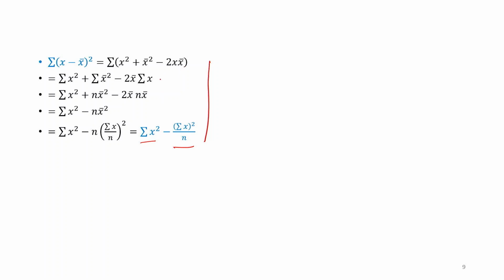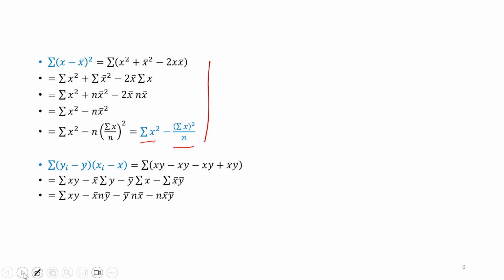You can follow these steps and easily work out that sigma x minus x bar whole square is equal to sigma x squared minus sigma x whole squared by n. Similarly, for yi minus y bar into xi minus x bar, if I go for simplification to arrive at a simpler formula like this, the steps are shown here.